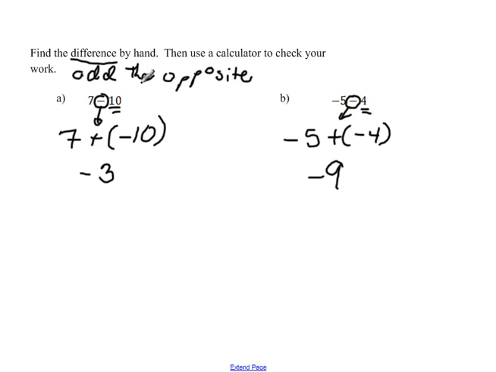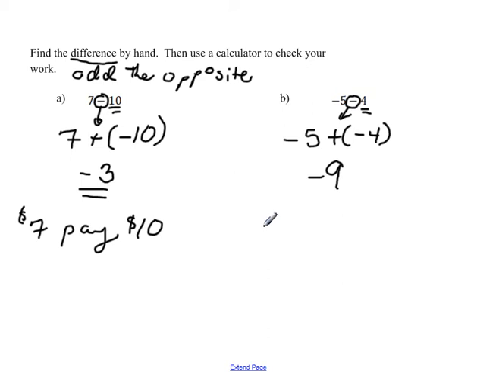Now, I encourage you not to get too hung up with these rules. Think about money when you're working with these kinds of problems. If I have $7 and I'm being asked to pay $10, well, I'm going to be $3 short, right? And so that $3 short we could write by just writing the negative 3. In this other example, again, we can still think about money.